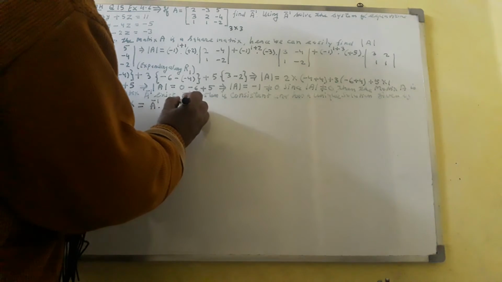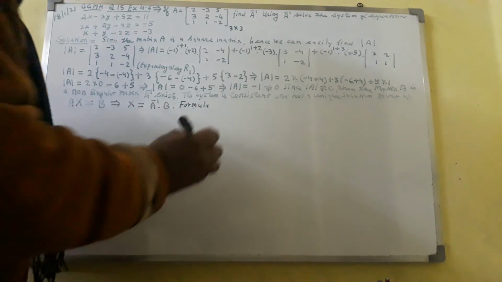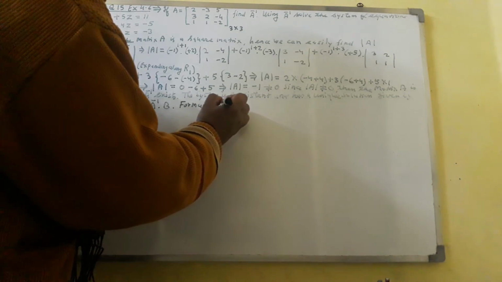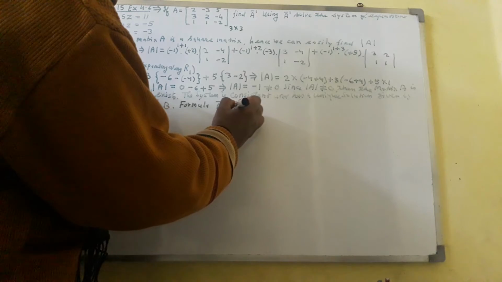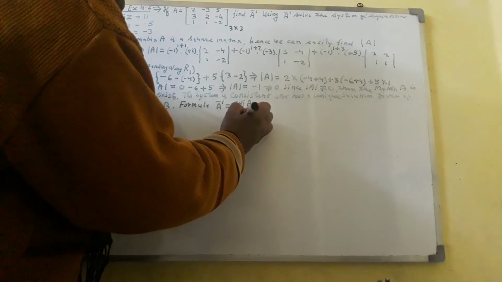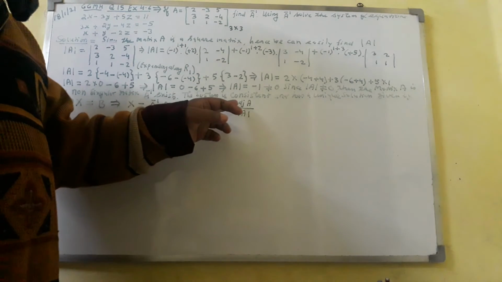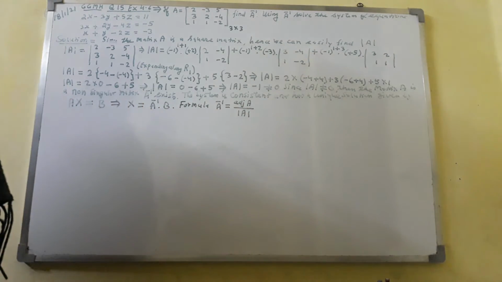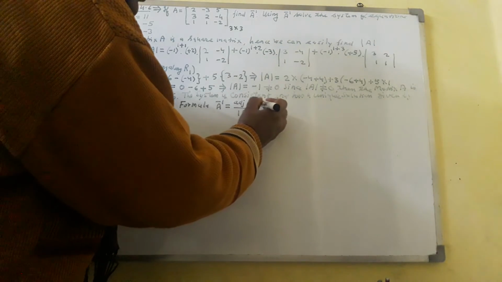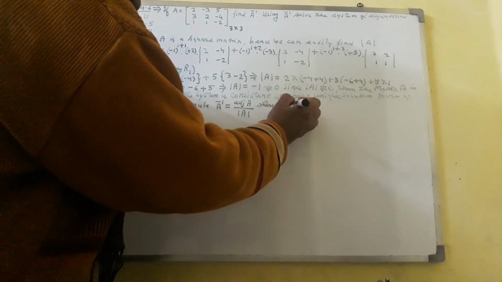Formula: A inverse is equal to adjoint of matrix A whole over determinant of matrix A, where determinant of matrix A is not equal to 0. This is the formula.